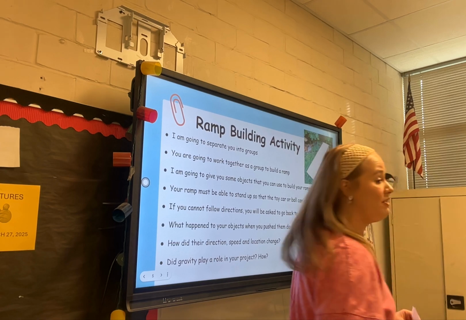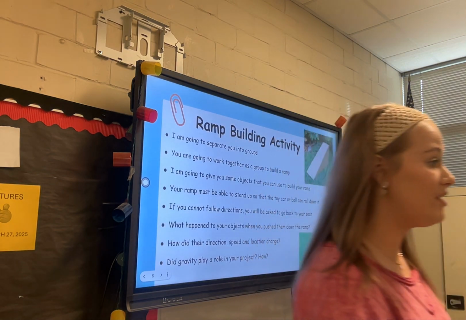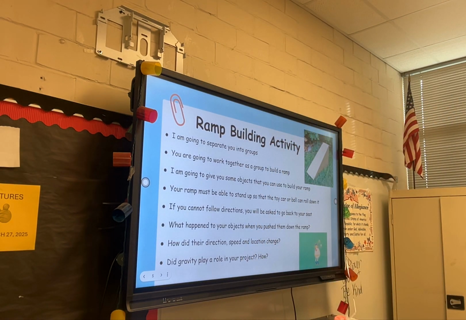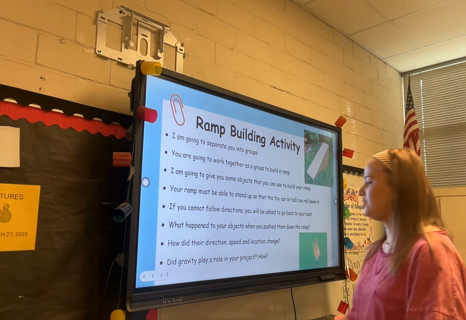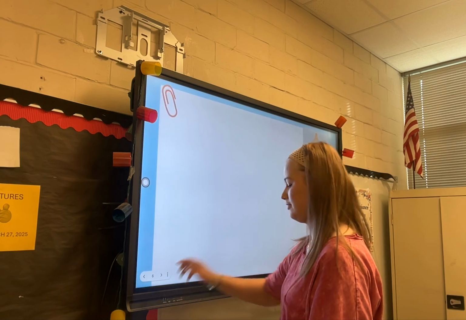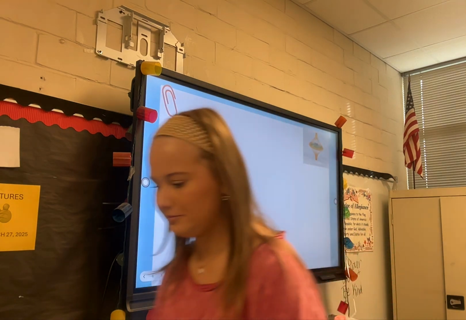Gravity is a type of force. Did you have to push your pencil down the ramp? No. Well, you at least had to move it just a little bit, right? You didn't use a lot of force, but you used a little bit. I like it.